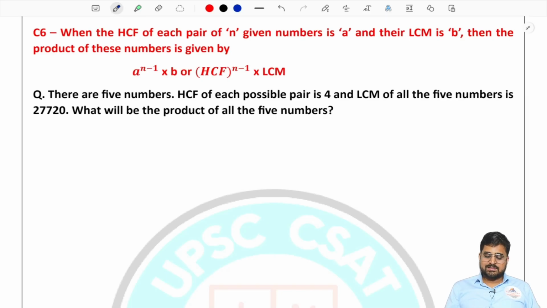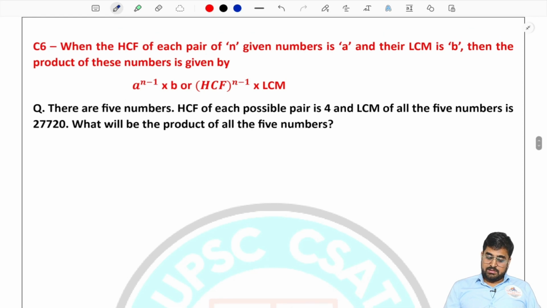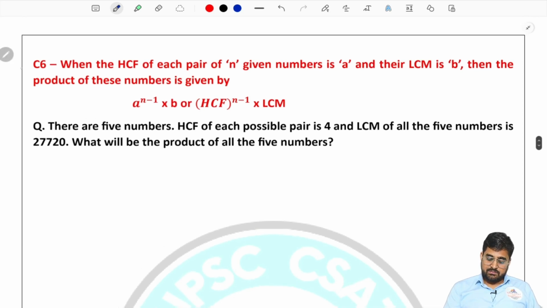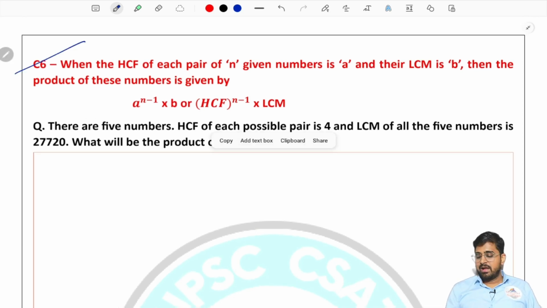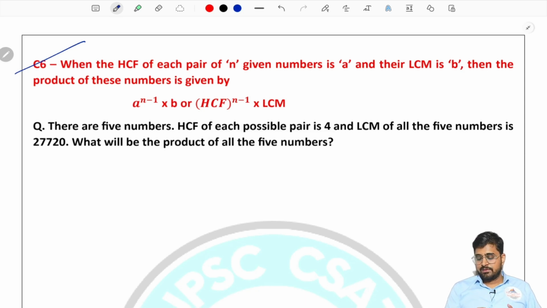Now let us discuss the last concept of today's lecture. There are some concepts left, but we will do them in the next lecture. This concept is one of the difficult ones. Why am I saying this? Because you have to mug up some key results.